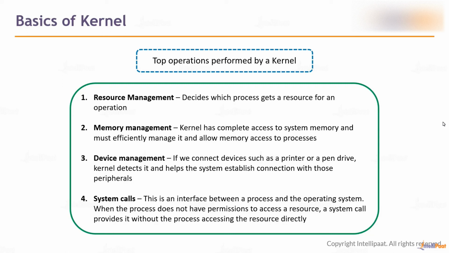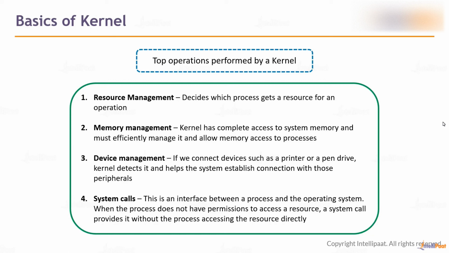You can use system calls for that process. You can embed system calls in your shell script or in your code, so that when that particular system call is used, your process will be given access to that resource indirectly. That is the purpose of system calls, to not stop the process from running. It does not interrupt your execution. It helps your execution to complete as fast as possible.